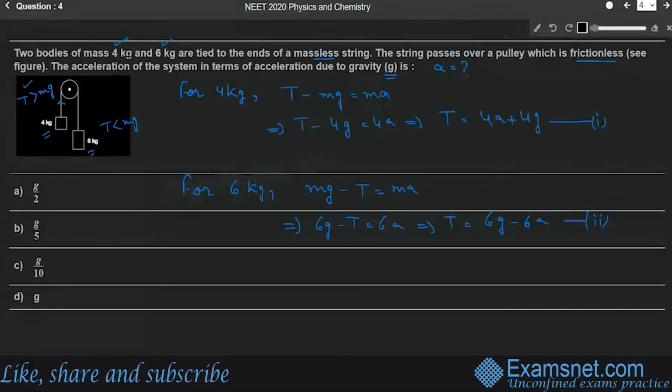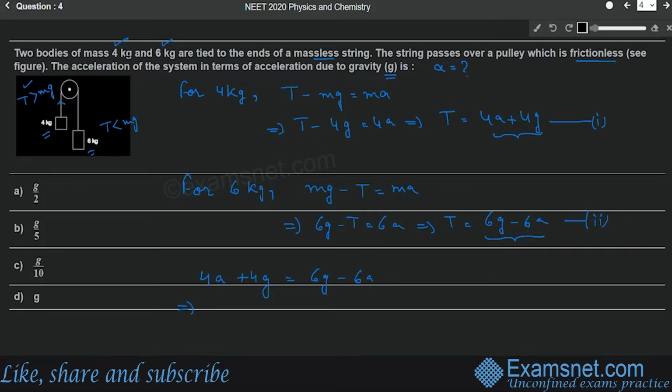Now we know the tension in the string will remain same. So 4a plus 4g will be equal to the second equation, that is 6g minus 6a. Now we'll bring all the g together and a together.